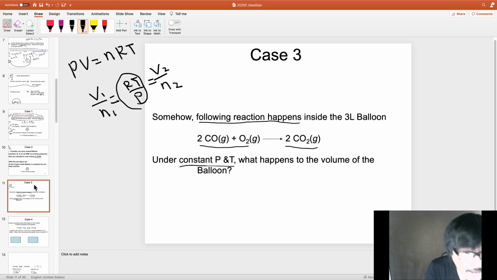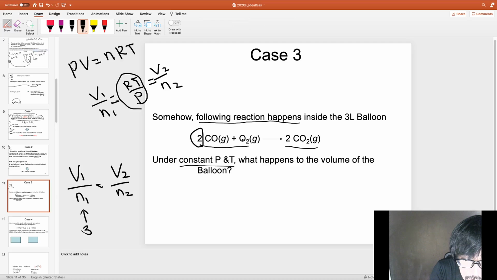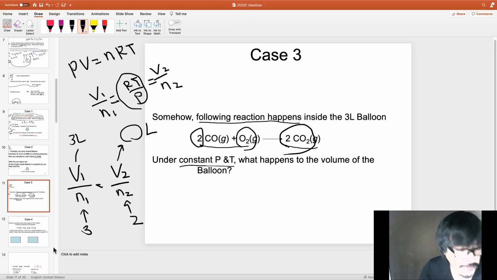So V1 over n1 is equal to V2 over n2. Before the reaction, I had 3 moles of gas here, right? 1, 2, and 3. And then after the reaction, I had only 2. So this one is going to be 2. And then that one right here is 3 liters. What is this number? It's easy to figure out. So it's probably good enough to say that this problem is solved.